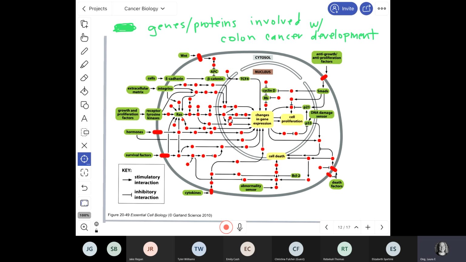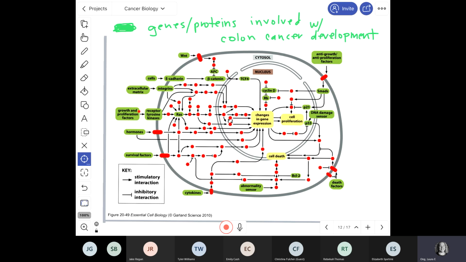So RAS protein that's involved in MAP3K pathways and is being signaled by receptor tyrosine kinases that detect growth factors. So detecting a growth factor through an RTK and activating RAS and activating MAP3K pathway, which is here, is able to change gene expression in a way that promotes cell proliferation. And that was a pathway that we kind of learned about.